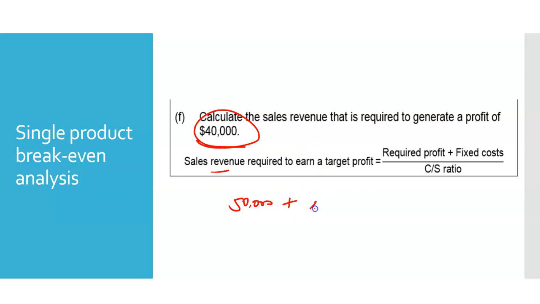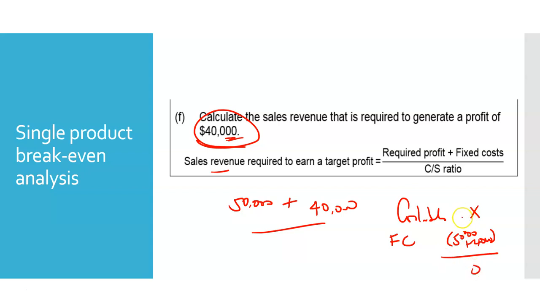So all I have to do is 50,000 plus 40,000, divided by... because ultimately, for me to say I've arrived, I have to still cover this fixed cost. So technically it is a fixed cost. So technically contribution minus this new fixed cost, which is ultimately 50,000 plus 40,000, is 0.